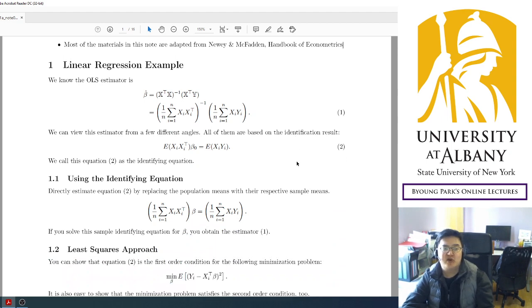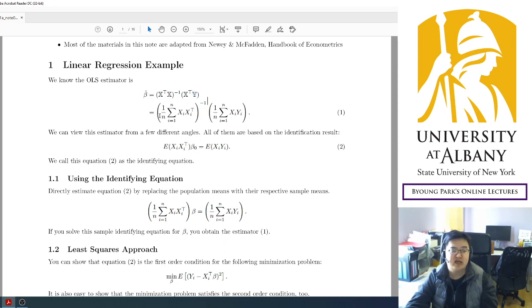So let's start with the example, a linear regression example. I believe that you learned from Econometrics 1 that the OLS estimator is calculated this way. The calligraphic X is the matrix from the data, so it's an n by k matrix, and y is an n by 1 vector of y.